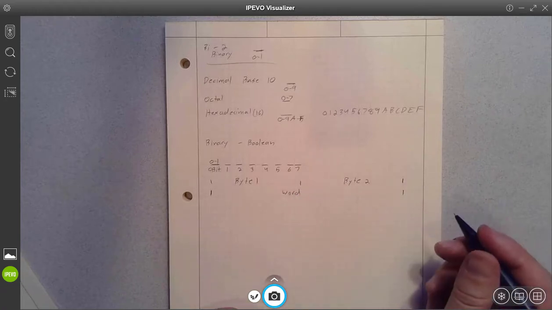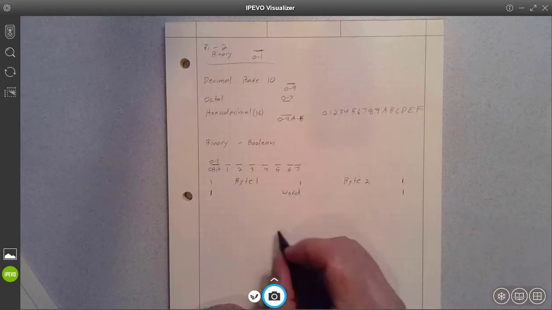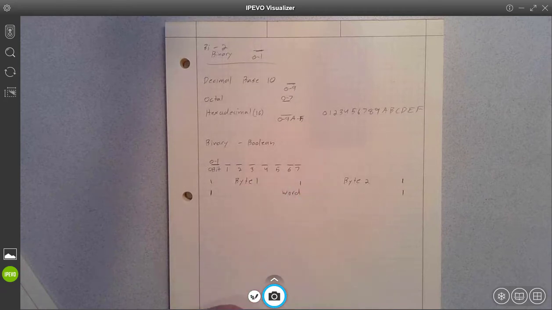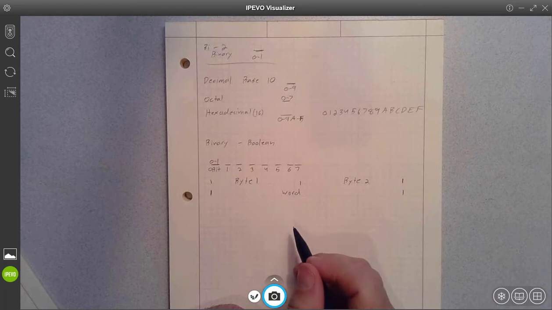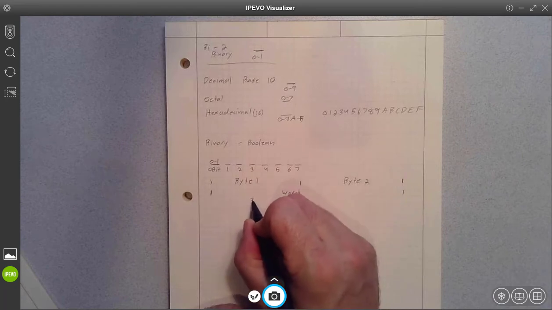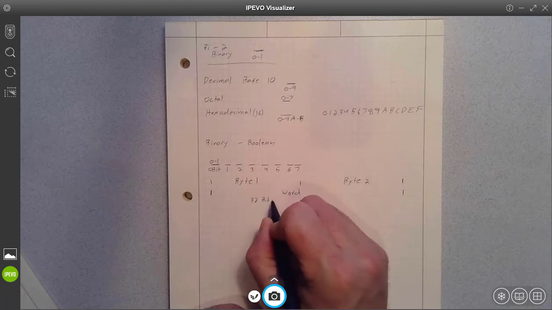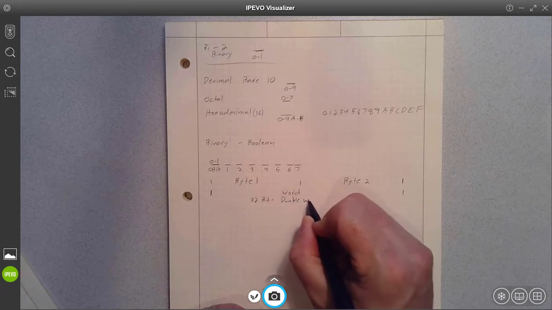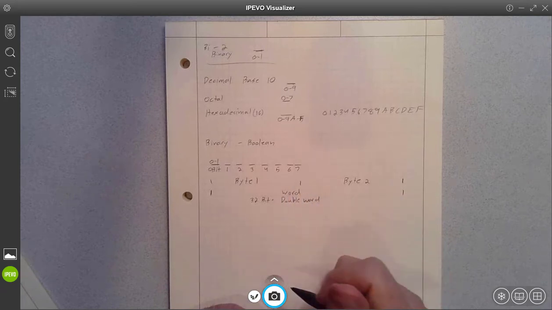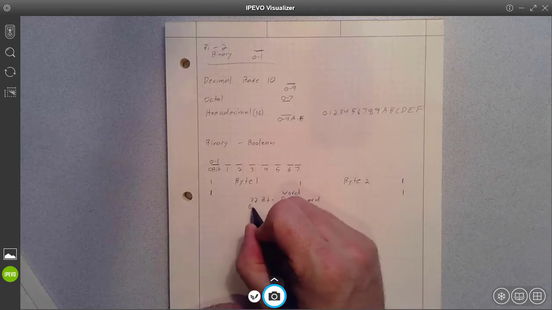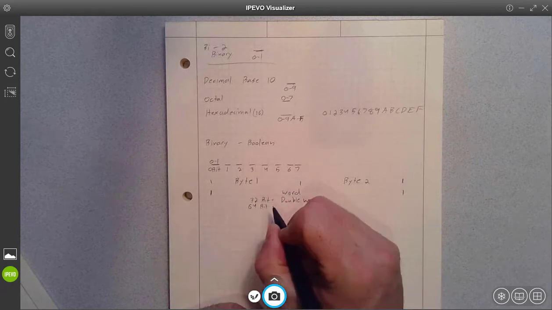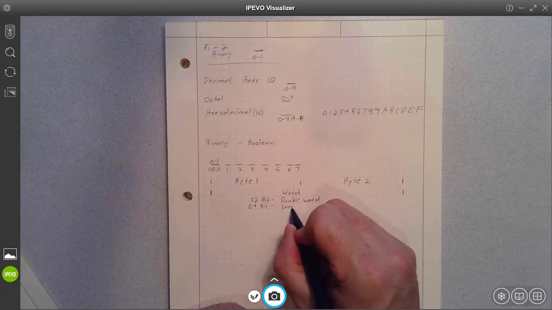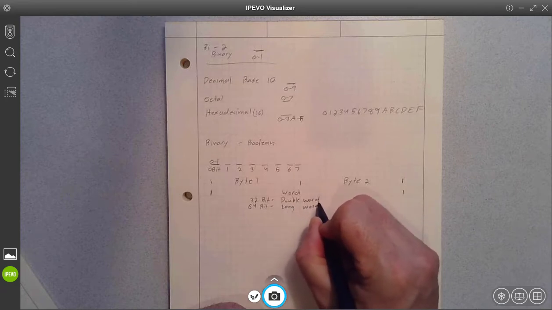And then continuing on, if you want to expand that, if you have 2 words, we usually call that a double word. So 32 bits would be a double word. And if you go 4 bytes or 64 bits, that would then often be called a long word.